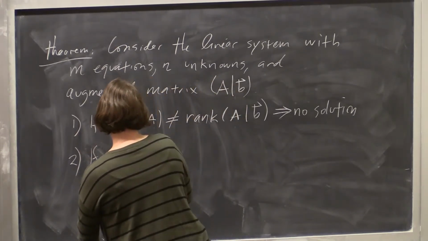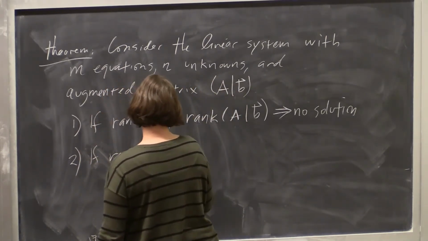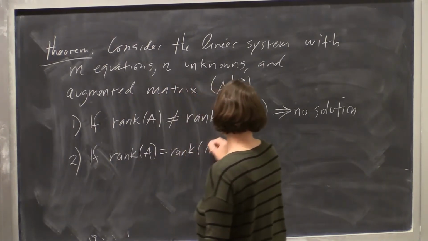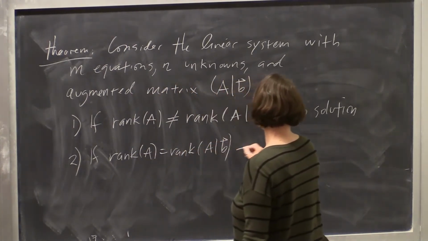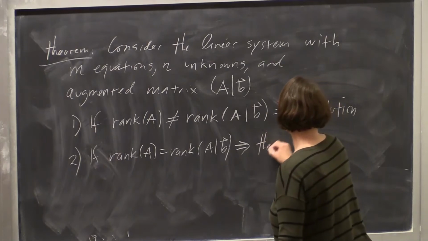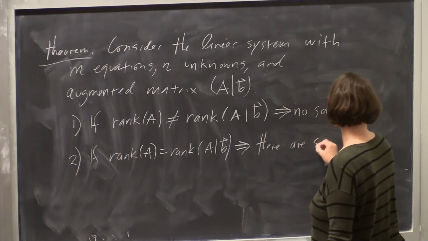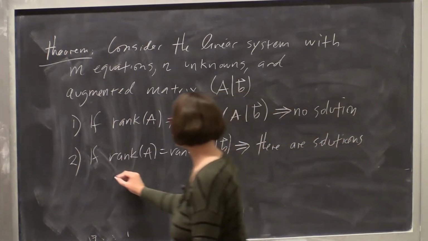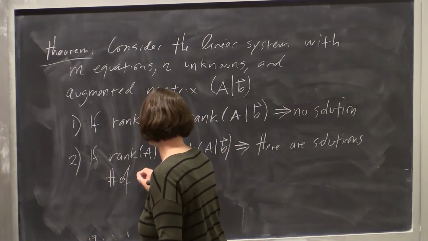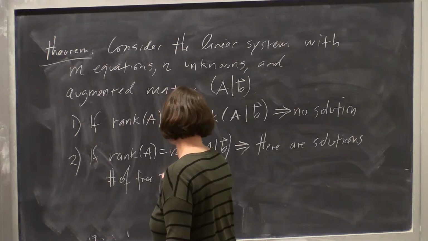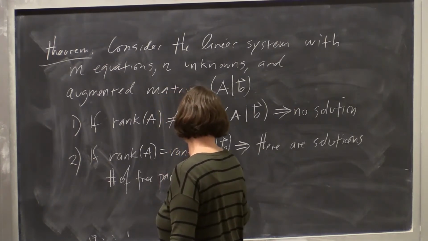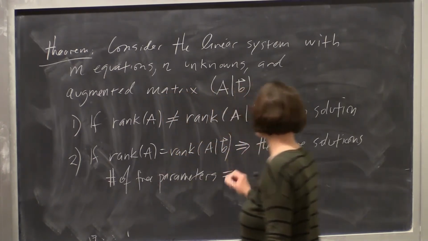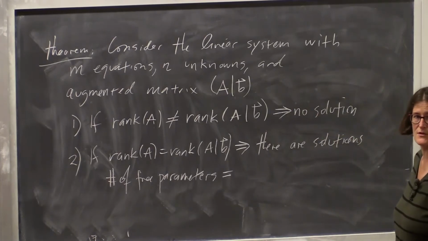If the rank of A equals the rank of the augmented matrix, then there are solutions. And the number of free parameters equals, how did we figure out the number of free parameters?